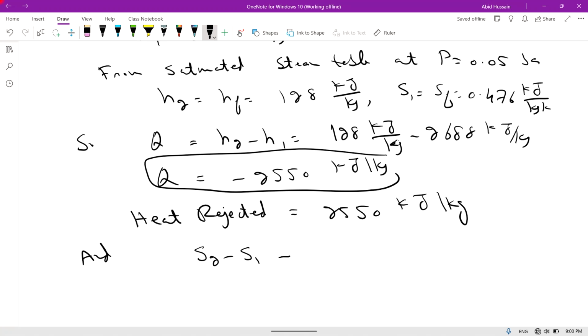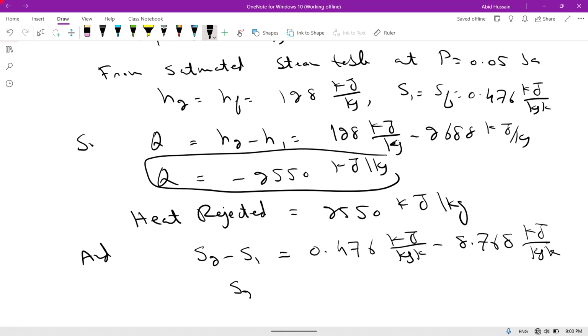And S2 minus S1 is equal to S2, which is 0.476 kilojoule per kilogram per Kelvin, minus S1, which is 8.768 kilojoule per kilogram per Kelvin.